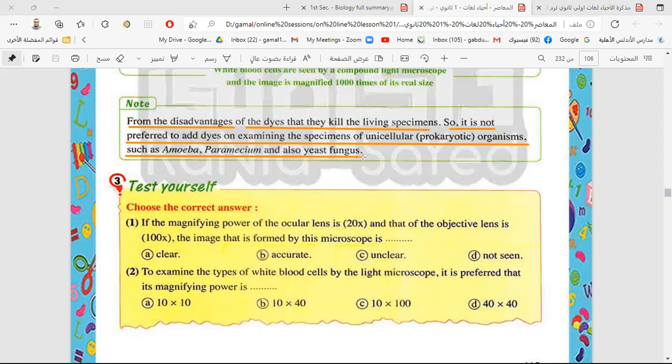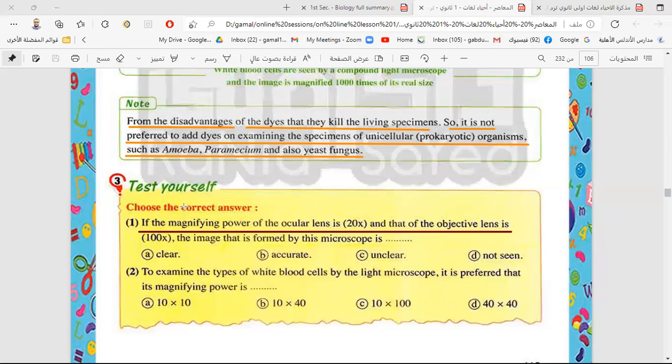Now you can read the question, Yusuf. Not ready, Yusuf? Omar, can you read the question? Yes.